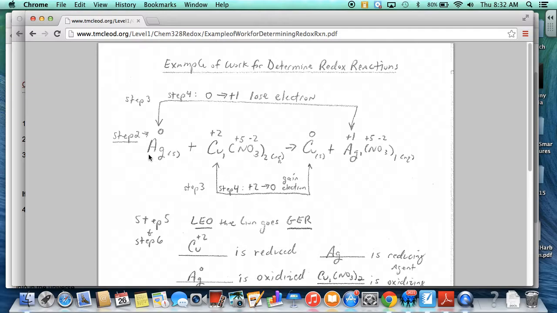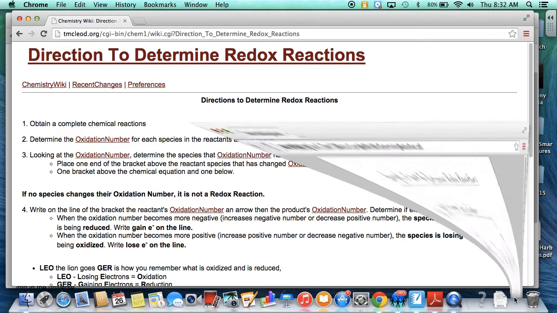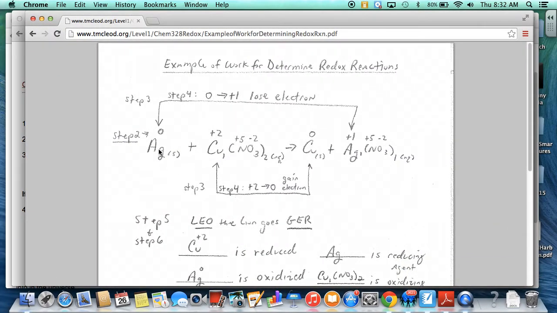When you do these, you want to put some space on top and below the chemical reaction. The first thing you do is determine the oxidation number of all the materials. If you look here, that's an element. What I usually do is write the things that are simply elements first.